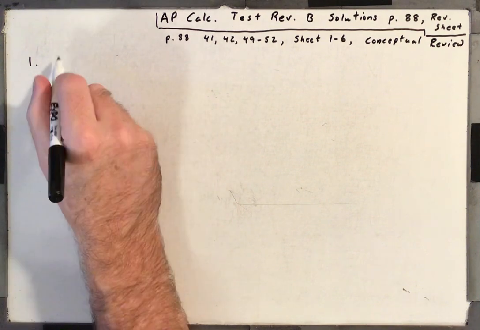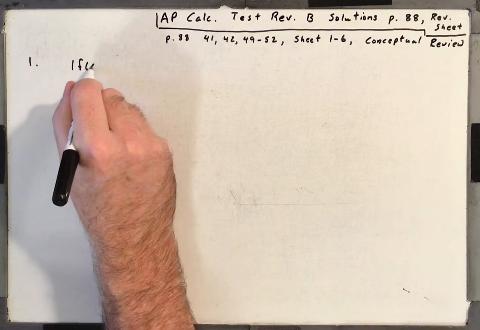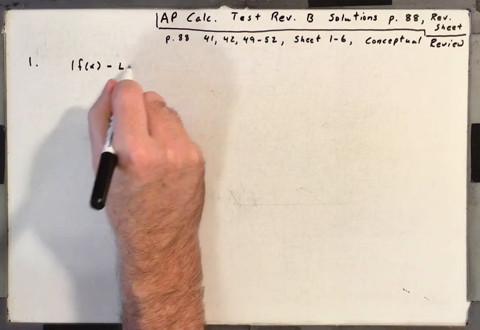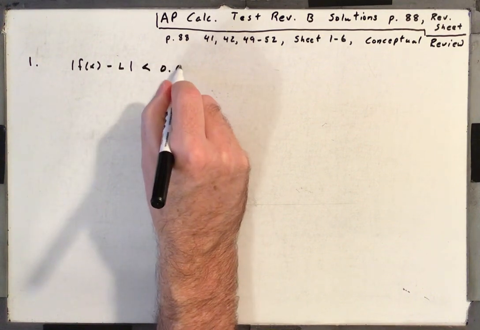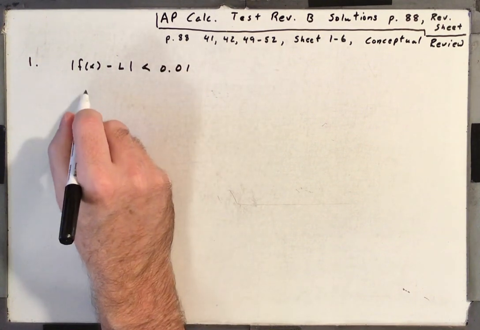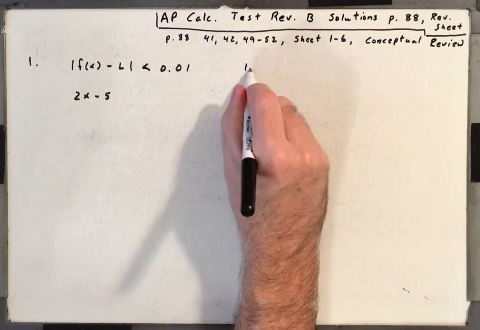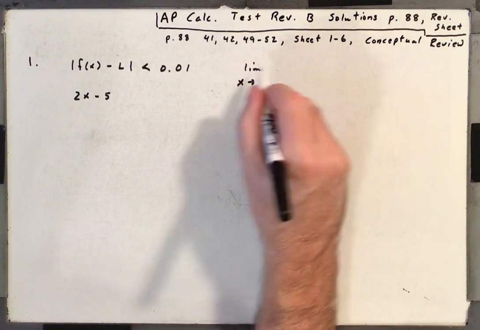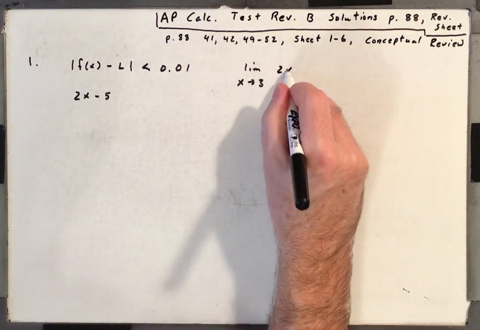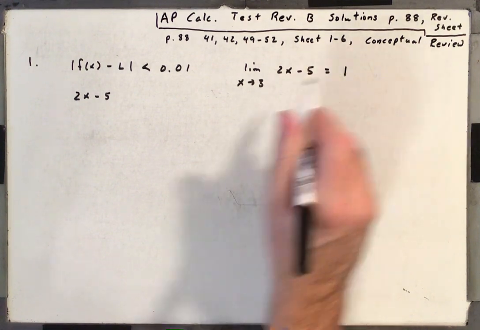So we need the form f of x minus L. We need to look at that less than 0.01. So f of x is 2x minus 5. Now the limit as x approaches 3, that's L, of 2x minus 5, that limit's 2 times 3, 6 minus 5 is 1.